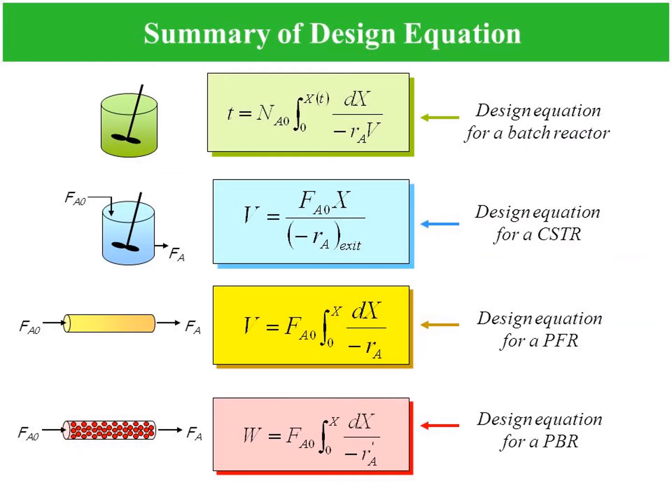So what does design equation mean? The design equation is what you will learn in topic number 4, whereby you learn how to get the volume, as well as how to get the time here. For example, let's say we want to get the time. Actually I want to give a simple explanation, but it is not the appropriate way. So FA0 is equal to CA0 over V0.